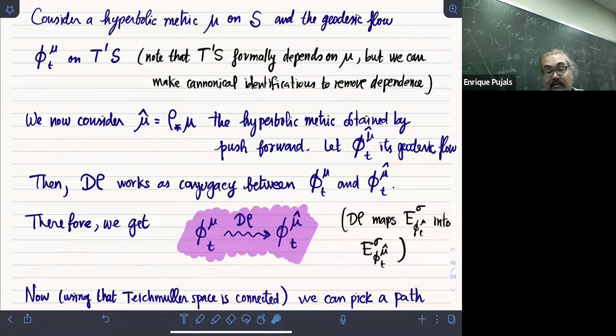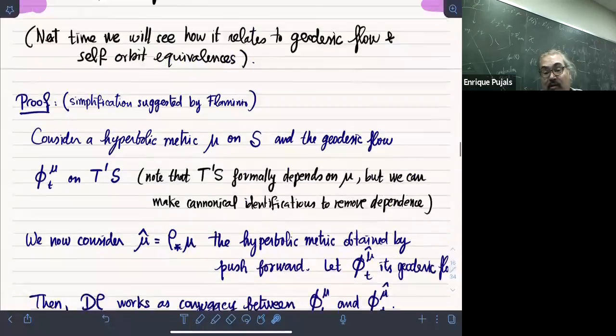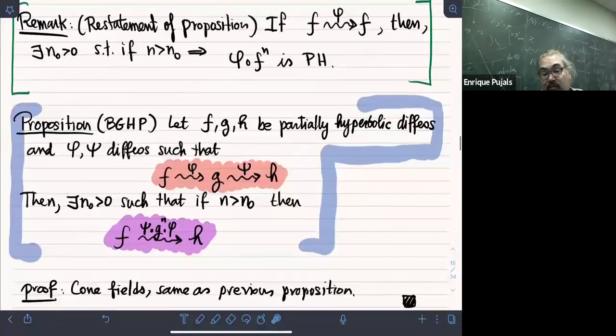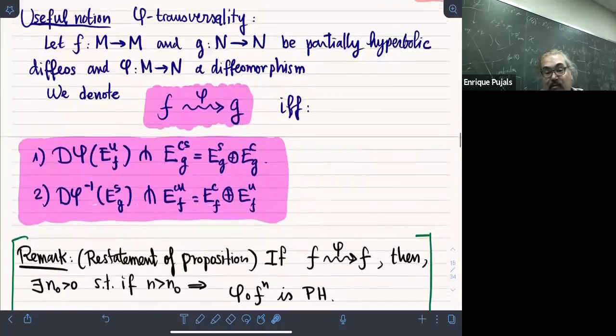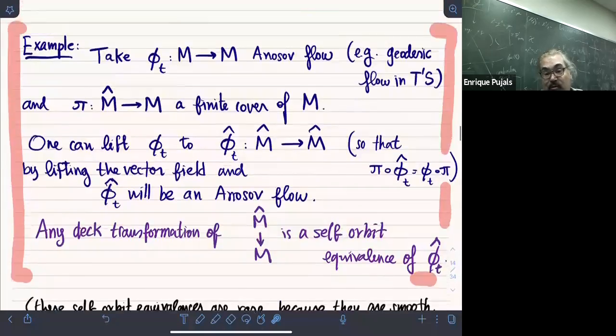And so you have this partially hyperbolic geodesic flow, which is not a hyperbolic geodesic flow. And you can start with this construction. So this means that in this construction you're doing, you don't need to start with the hyperbolic geodesic flow. You can start with a truly partially hyperbolic geodesic flow.